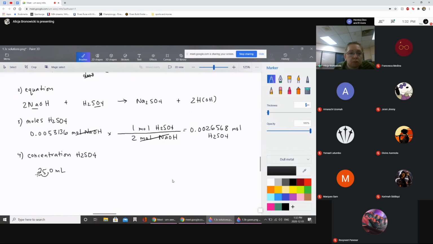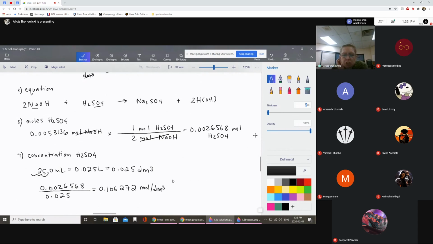Okay, that's 1, 2, 3 equals 0.025 liters, 0.025 dm3. And now I just take my mole per liter because that is concentration. So 0.0026568 over 0.025 equals 0.106272 mol per dm3.